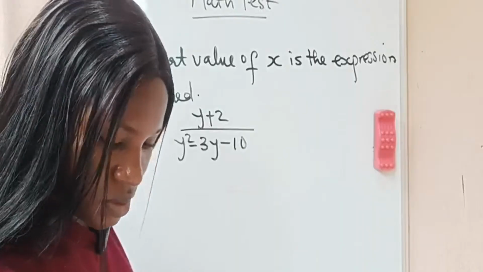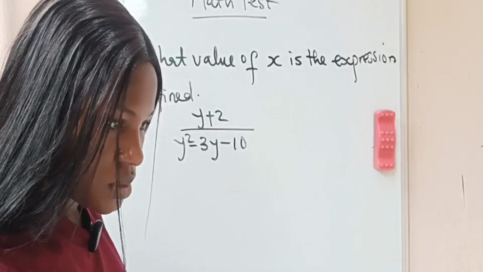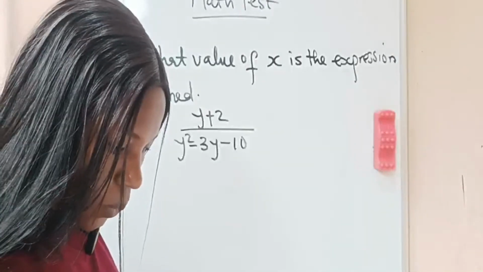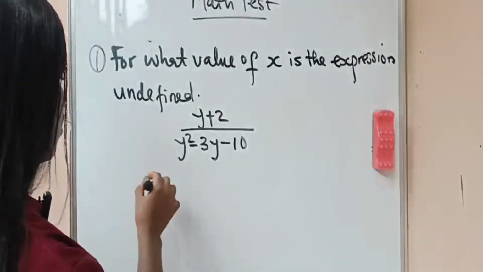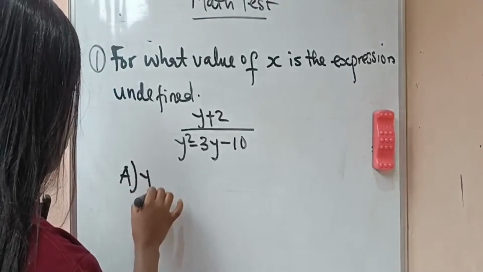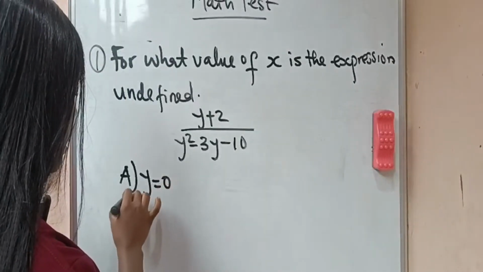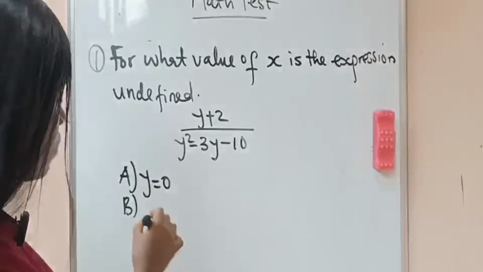Okay, so this is the question. Now for the options, we have A, y is equal to 0. B, y is equal to 2.